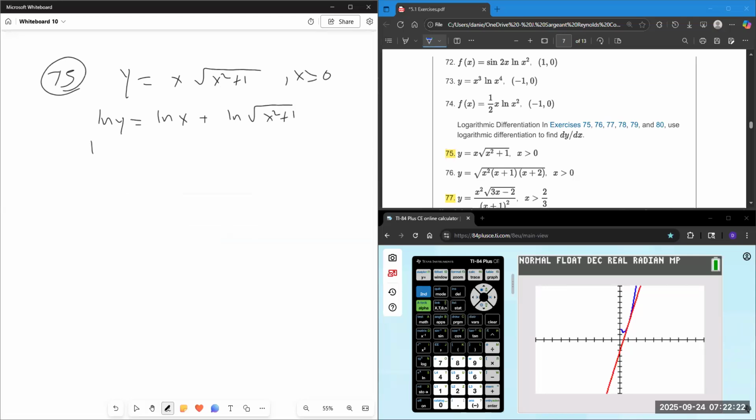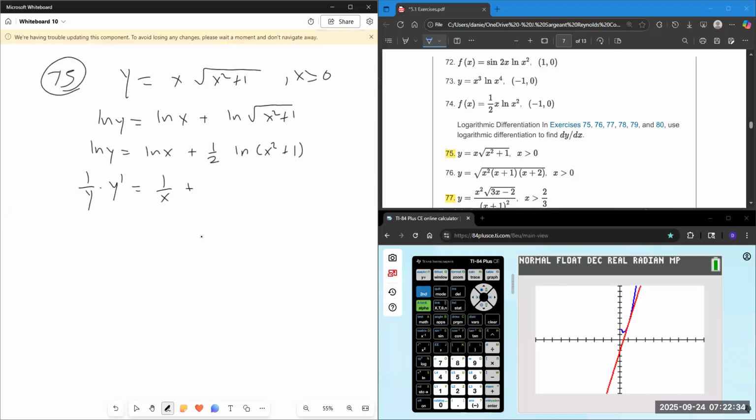So ln of y is equal to ln of x plus 1/2 ln of x squared plus 1. 1 over y times y prime is equal to 1 over x plus 2, and then this is x squared plus 1, and this is 2x.